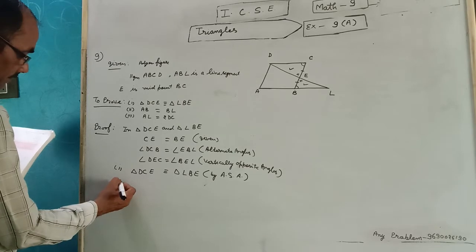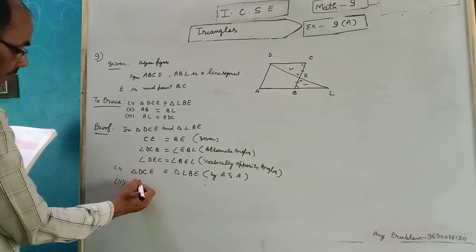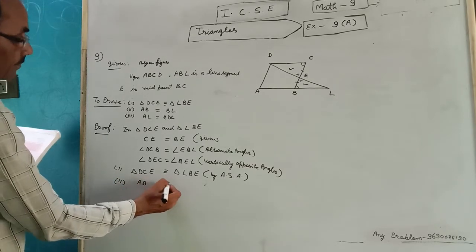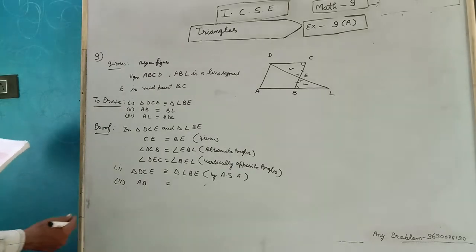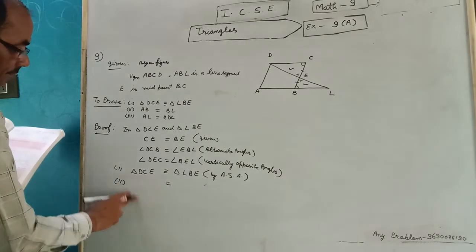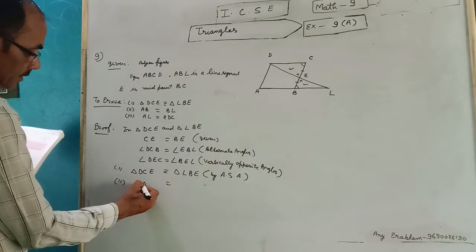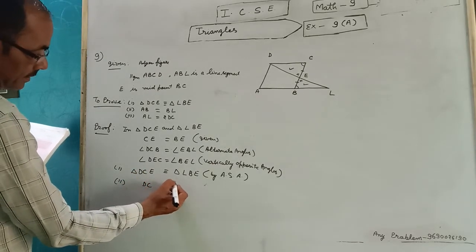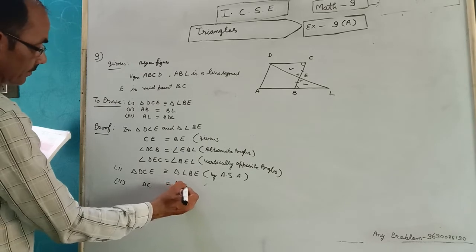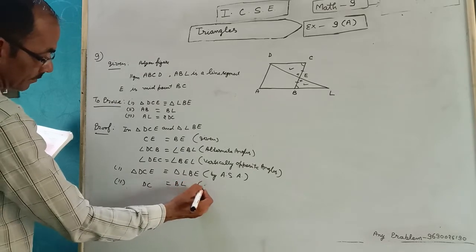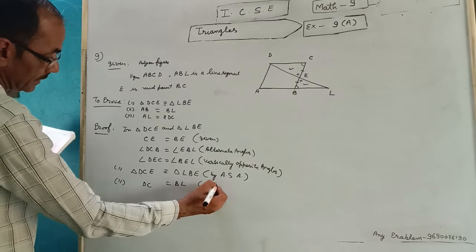Second part, AB equal to DC, and DC equal to BL by CPCT.